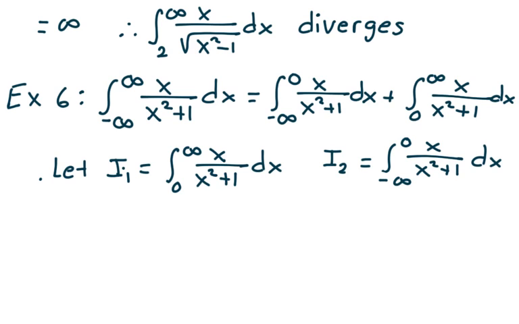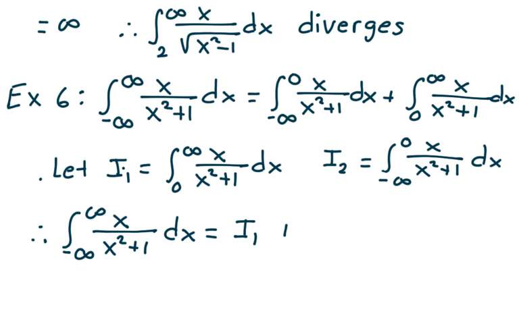Now, what that says is the integral from negative infinity to infinity of x over x squared plus 1 dx is I1 plus I2.